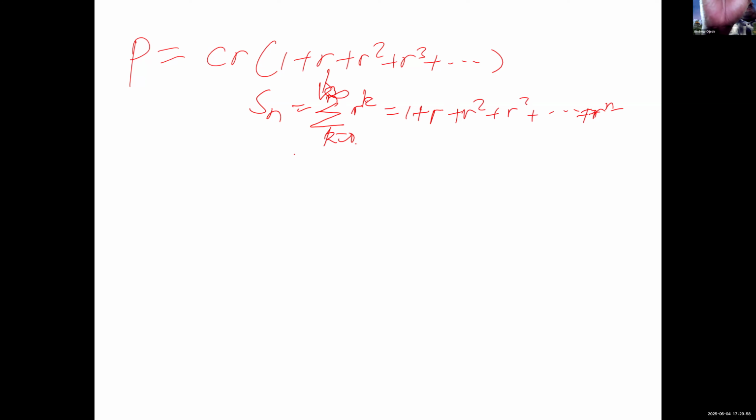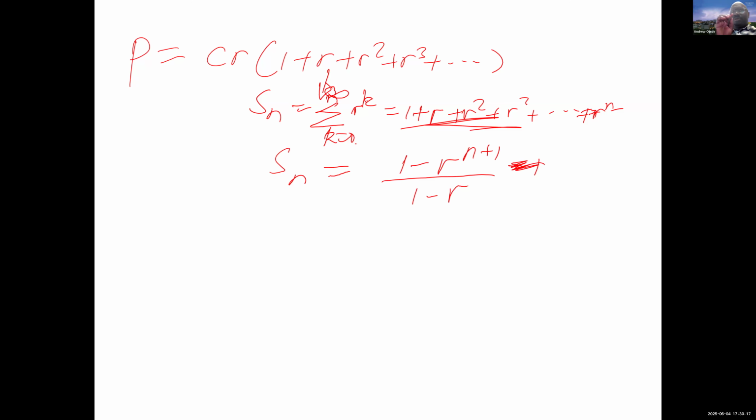And we already said that for a finite series, we did the algebra. The sum of this type of series is going to be 1 minus R to the power N plus 1 divided by 1 minus R. Because this started from 0.